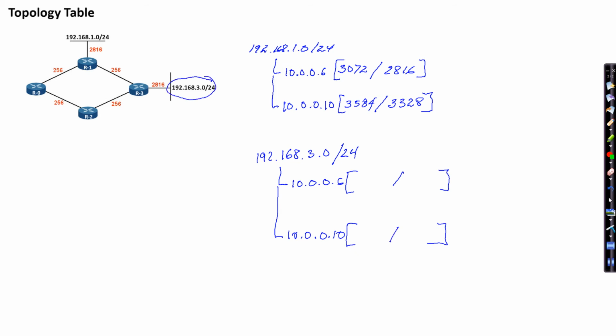For the 192.168.3.0, router 3 will advertise to both router 1 and router 2. His cost is 2816. Router 1 will then take this 256, add to that 2816, and advertise to router 0 at 3072. Same thing for router 2. He'll take his 256, add to that number, and the number is 3072. So the number back here is 3072.